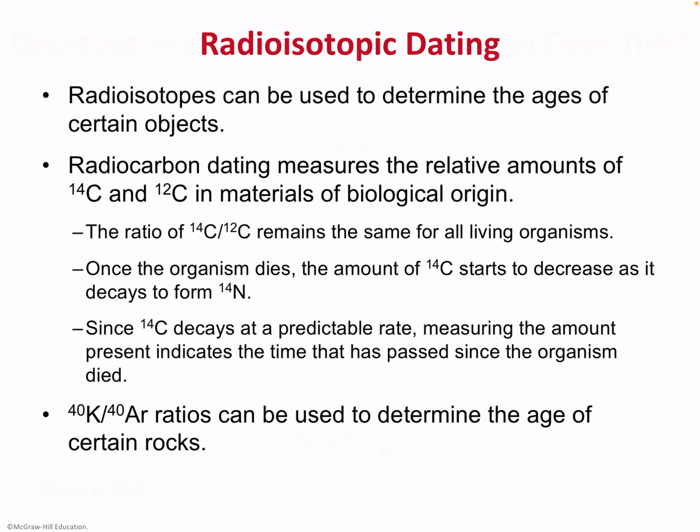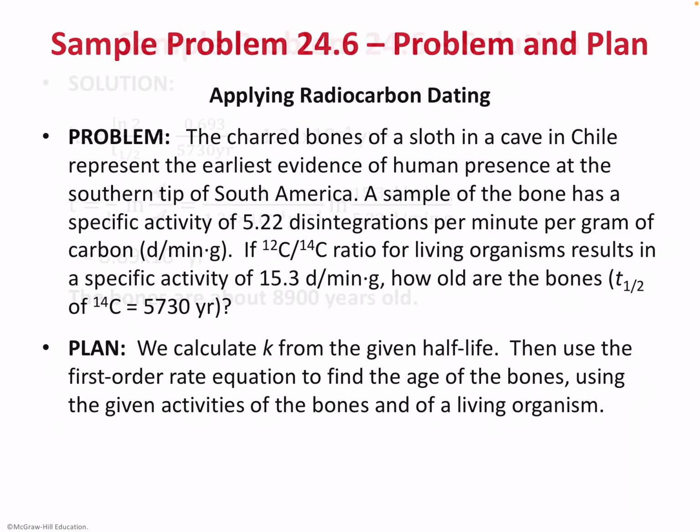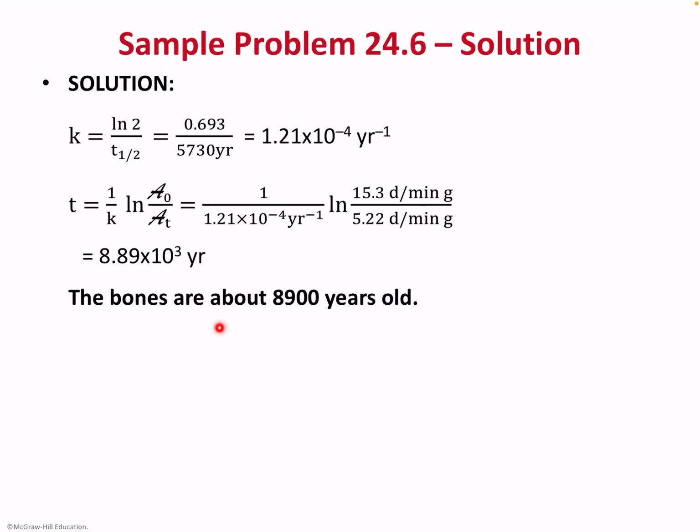Remember I showed you: ln A naught over At equals kt. So if you want to find t, you simply divide both sides by k. So t equals 1 over k ln A naught over At.